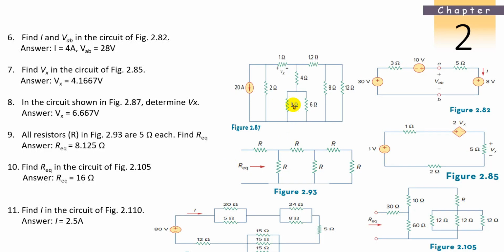Another set of problems is to reduce a big circuit to the equivalent circuit. That means we have many resistances in series and parallel, so make it a single resistance. Just solve series to parallel, parallel to series, then reduce it to one resistance. Those problems are also included here.